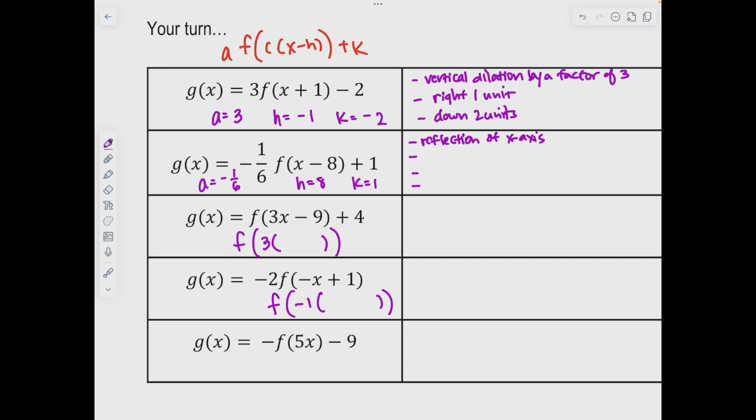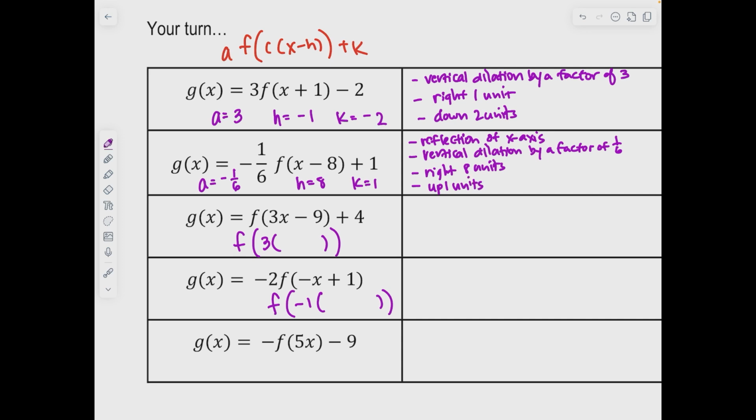Because the absolute value of a is 1/6, this is my vertical dilation by a factor of 1/6. H is 8, so I am going to go, because it's positive, it's right 8 units. And k is positive, so I'm going to go up 1 unit as well.